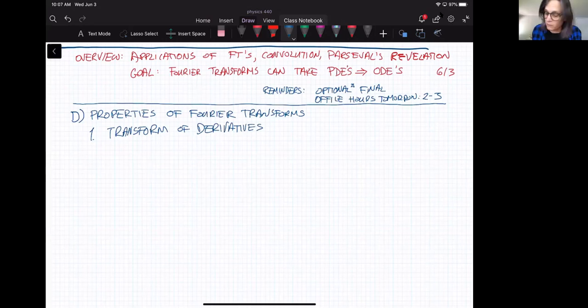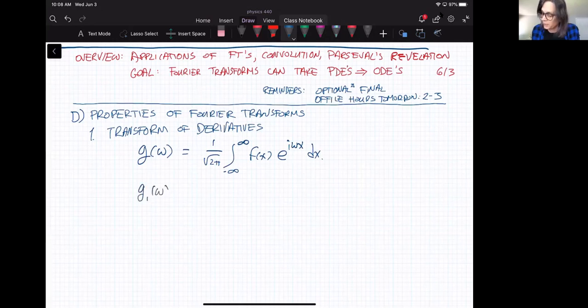In that vein, let's consider g of omega, which would be our transform: 1 over root 2 pi times the integral from minus infinity to infinity of f of x e to the i omega x dx. And then what we want to consider is what is, say, g1 of omega.